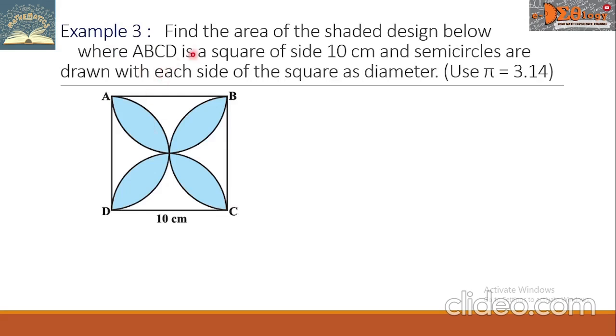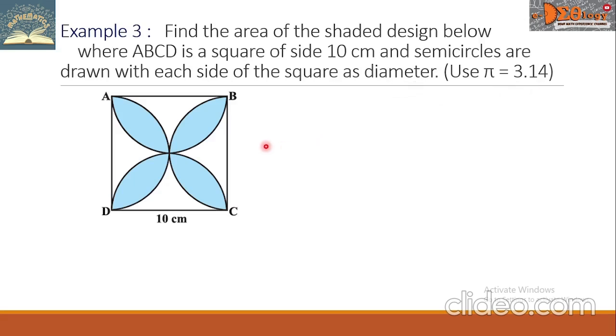Example 3. Find the area of the shaded design below, where ABCD is a square of side 10 centimeters, and semicircles are drawn with each side of the square as diameter. Use pi equals 3.14.